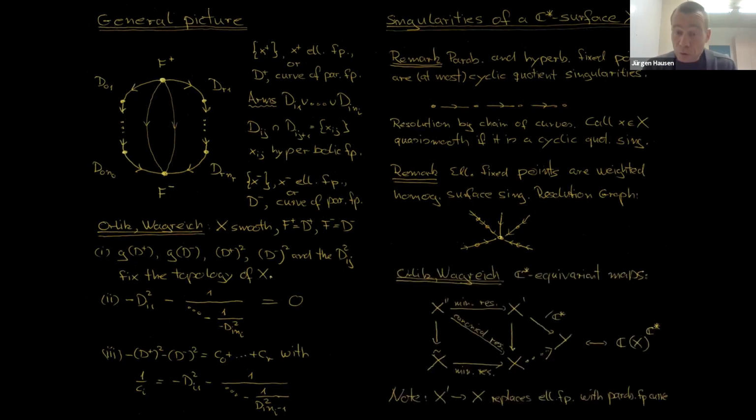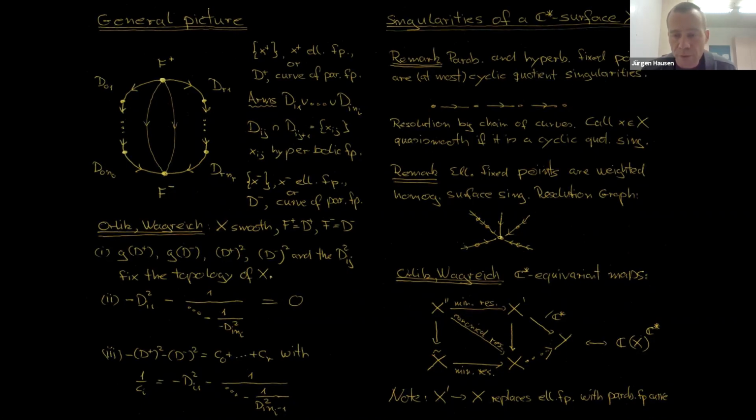Another thing due to Orlik and Wagreich is a so-called canonical resolution of a singularity. It shows up in this commutative diagram. Let us start to discuss it from the right-hand side. On the very right-hand side, we have the field of invariant rational functions of X. And this corresponds to a smooth projective curve Y. Then we have a rational map from X to Y induced by the inclusion of function fields.